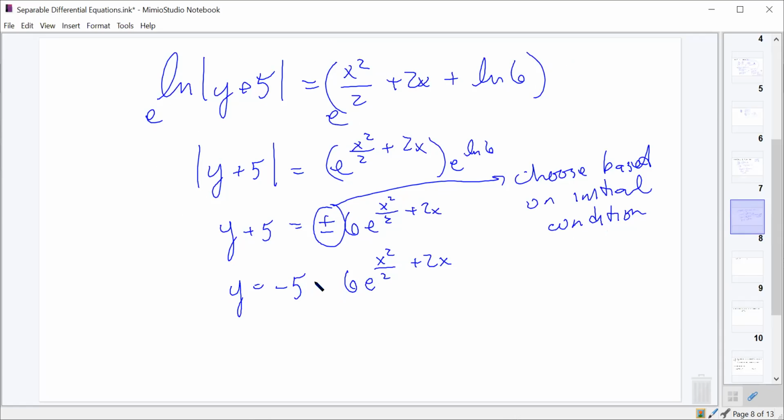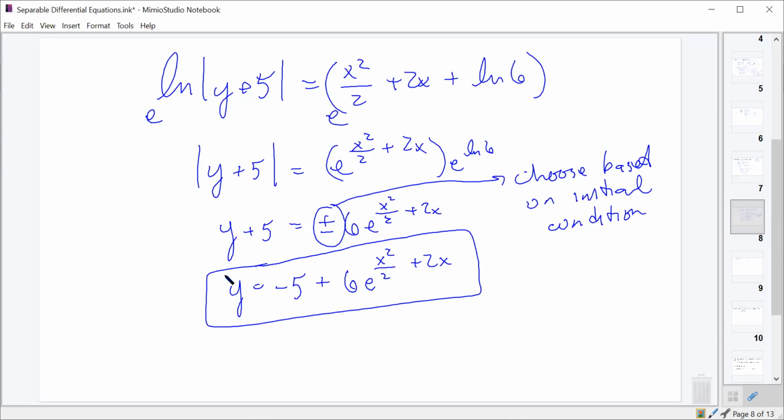The plus, right? If I had a minus, I'm going to get -5 minus 6 because e to the 0 becomes 1. So -5 minus 6 will be -11, but -5 plus 6 gives you the 1 that you need. So we pick the plus. And our solution is y equals -5 plus 6e to the x squared over 2 plus 2x.